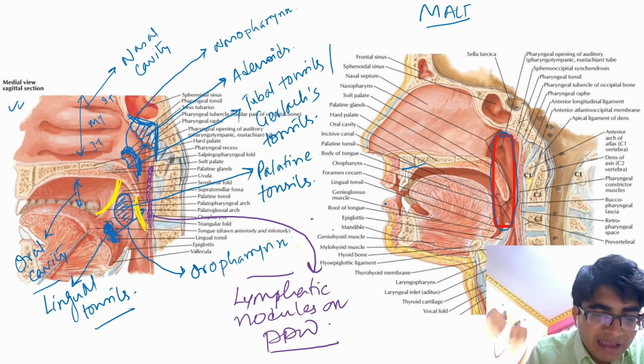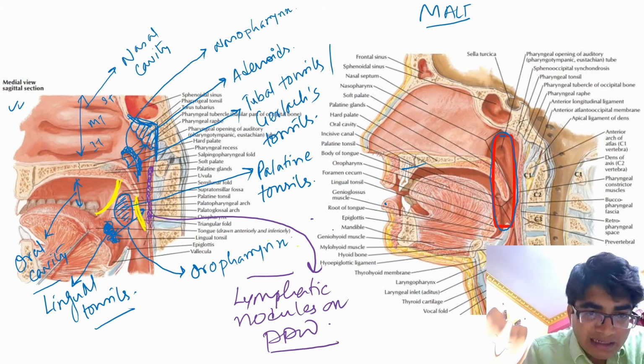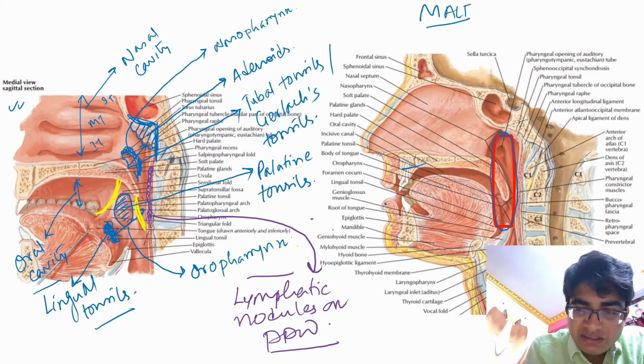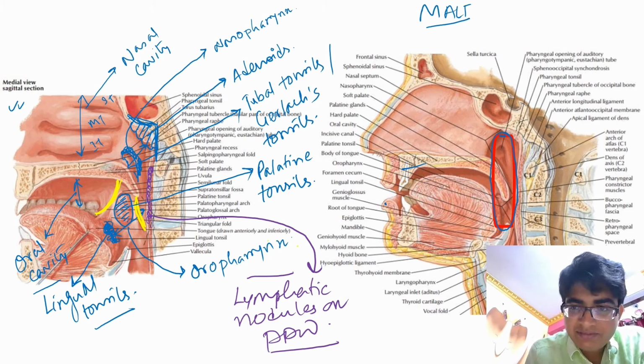So they are actually connected physiologically. All these lymphoid structures are connected to each other physiologically more than anatomically, and they make up one ring, the inner ring of Waldeyer. Correct? Our next slide will describe these tonsils.